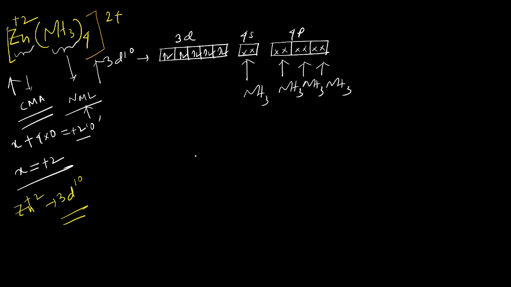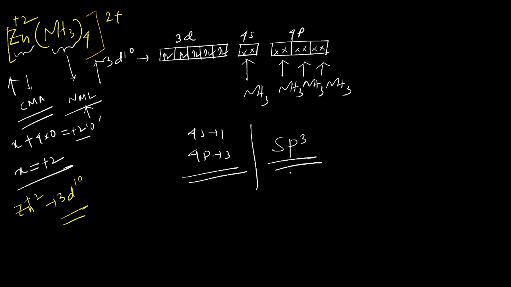So the central metal atom has utilized one 4s orbital and three 4p orbitals for bonding. So the hybridization becomes sp3.